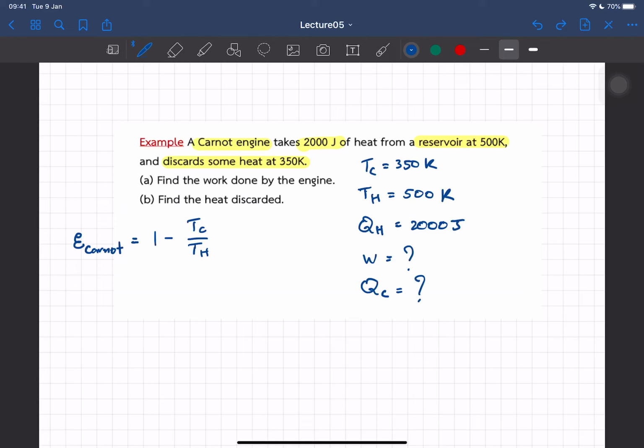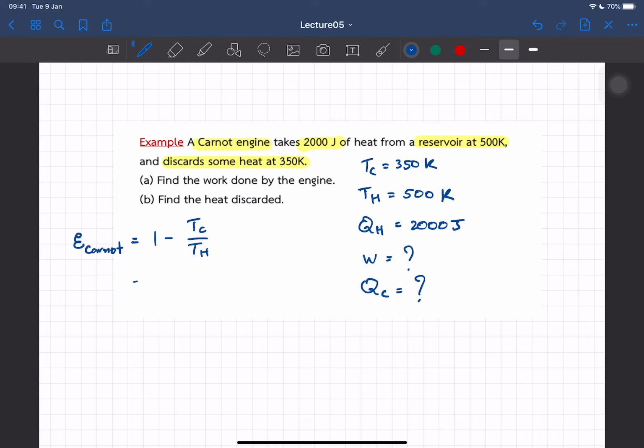If you operate the heat engine between the same temperature, meaning that TH equals TC, then this will be 1, and 1 minus 1 is 0. So you cannot do anything, okay? So in order for a heat engine to work, you must have some difference in the temperature.